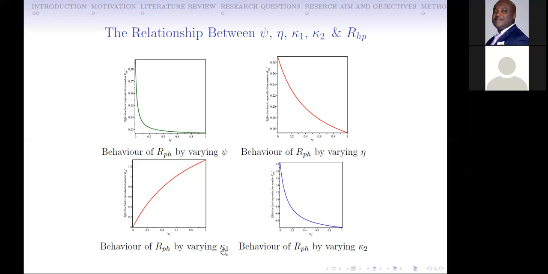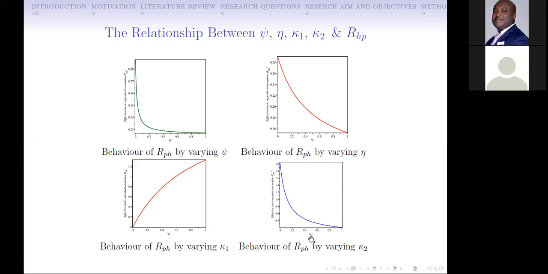This K1 represents the rate at which exposed individuals progress to the infected class, those individuals that stay at home. As we can see, the basic reproduction number is increasing as we increase K1, which means that this parameter has a negative impact on the transmission of TB.